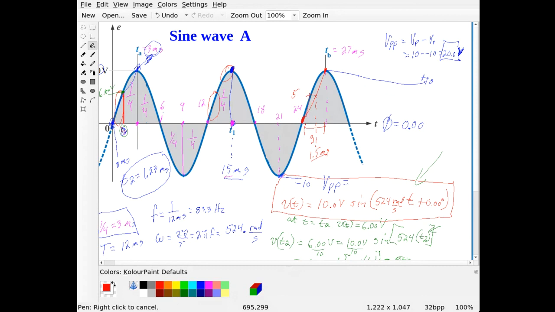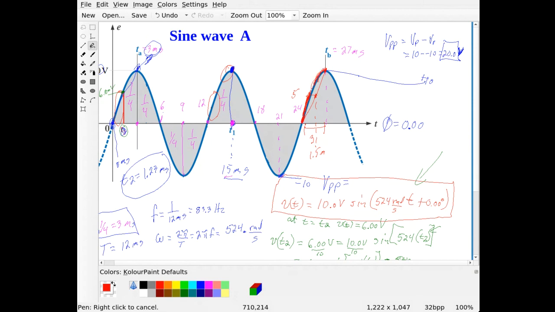Well, the problem is that it went up really, really fast here. It didn't go up in a linear fashion. Sine waves are not linear, and that's where that logic fails. It's going up really fast here, but right here it really slows down.